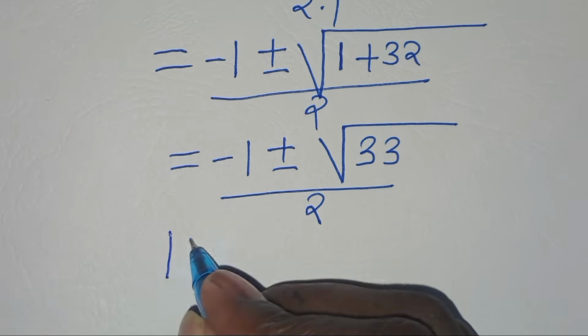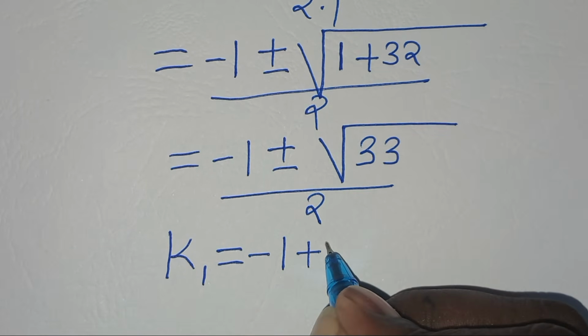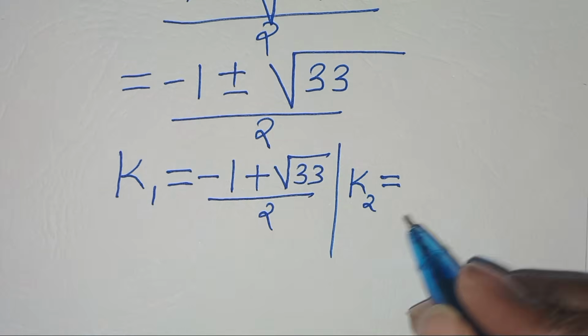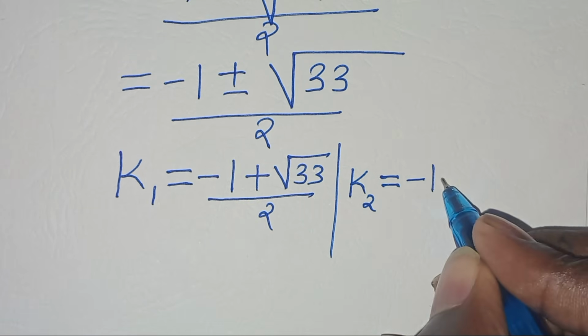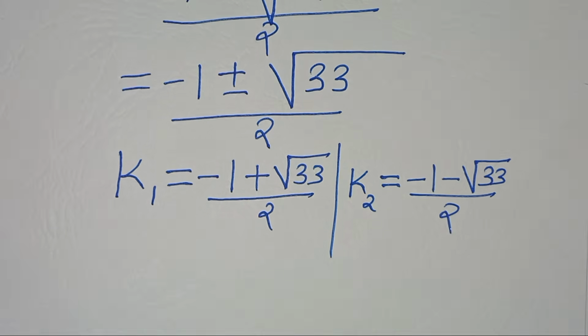So we have two values of k. K1 is equal to -1 plus square root of 33 divided by 2. K2 is equal to -1 minus square root of 33 divided by 2.